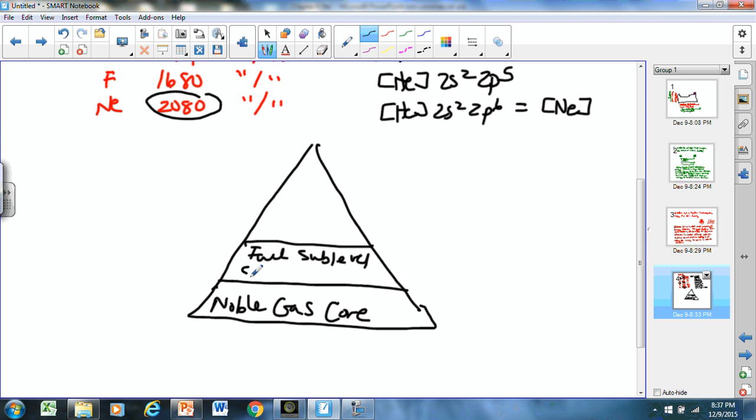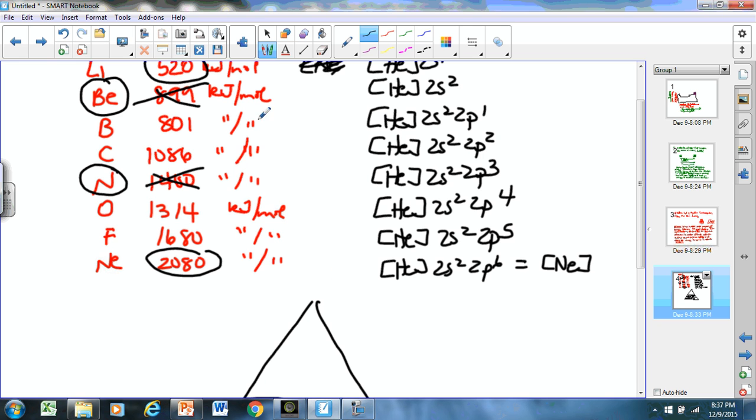And that means s2, d10, f14. Interesting. Let's go up here. Where do we have the first problem? Right here. Beryllium is especially stable because it has a full s orbital.